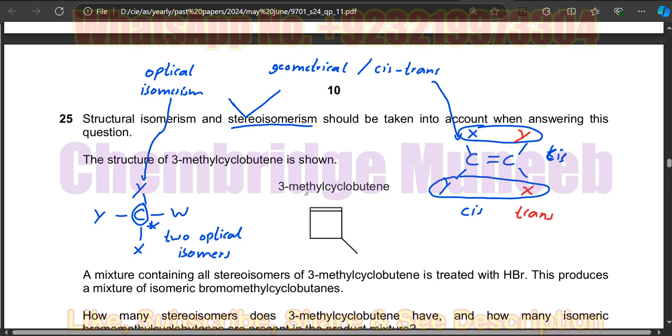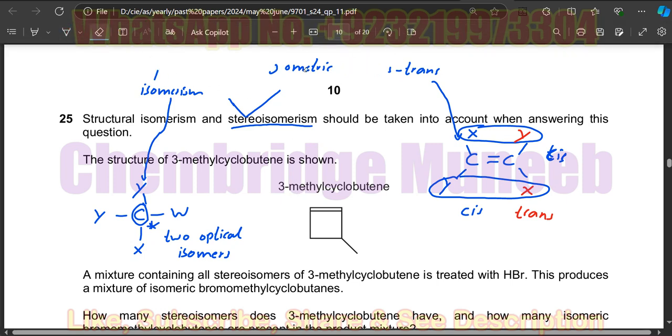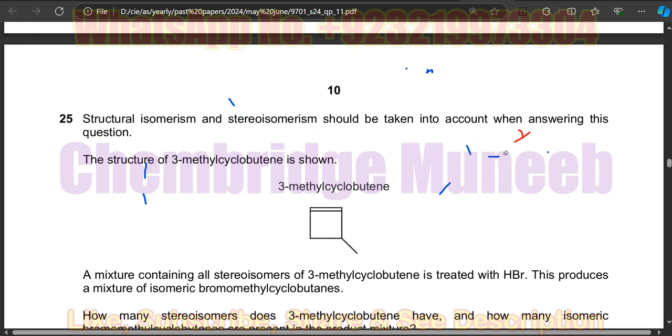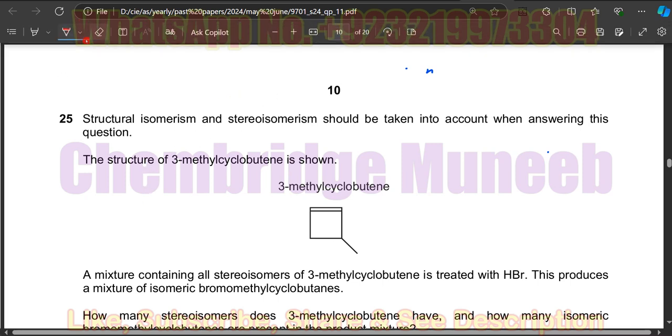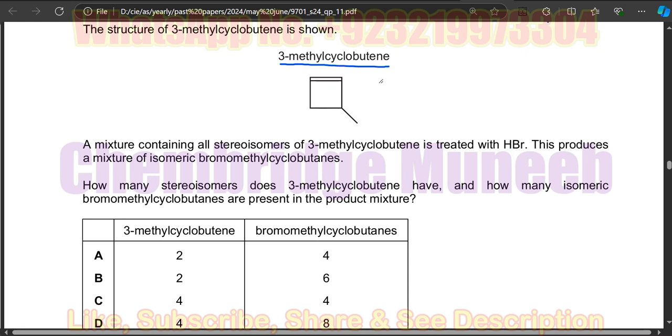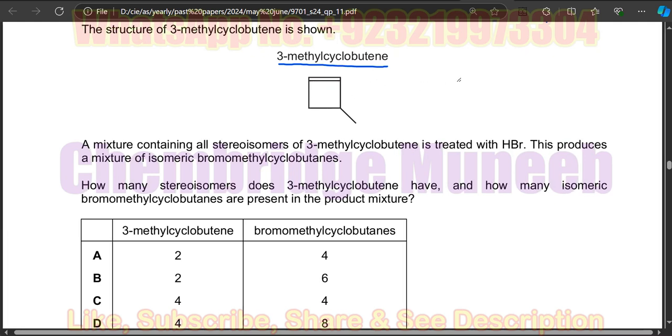So these are the basic concepts which you should know before attempting this question. Now I'm going to discuss this question, and we will apply these concepts to it. Here we have to check how many stereoisomers are present in the given compound in its actual form, 3-methyl cyclobutene. For this purpose, I can write this structure again in terms of all the carbon and hydrogen atoms.